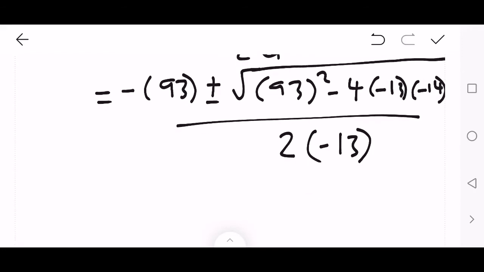So now guys, you can just go ahead and put this into a calculator. You don't have to exercise your brain with this stuff.